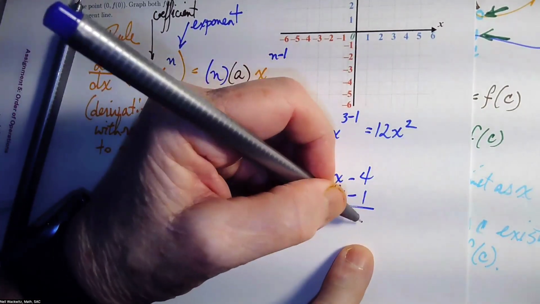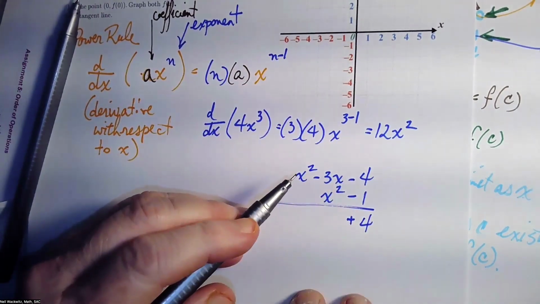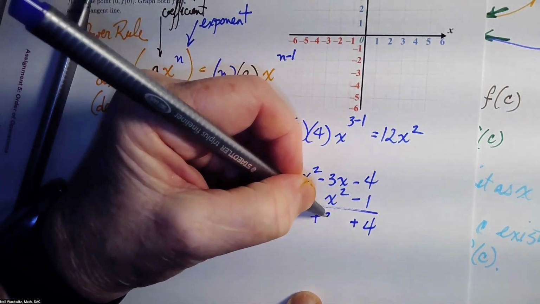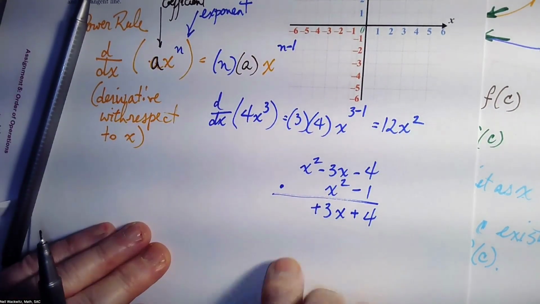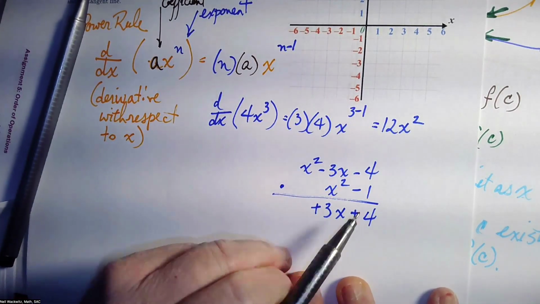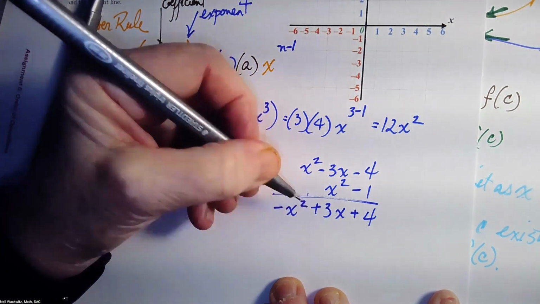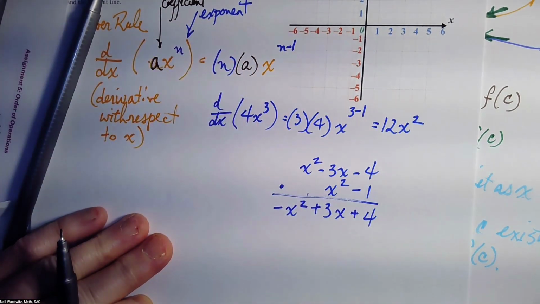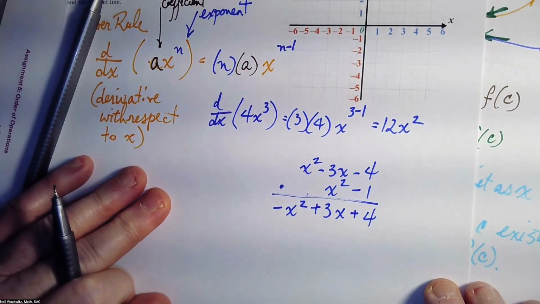Negative 4 times negative 1 is positive 4. Negative 1 times negative 3x is positive 3x. When you do multiplication with polynomials, it really helps to put in the signs even if they're positive. Negative 1 times x squared is negative x squared. And now I want to match up powers of x.